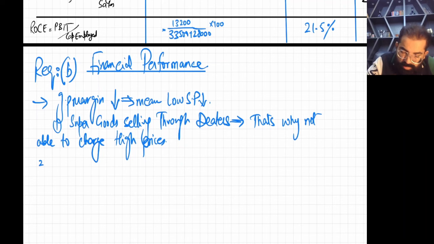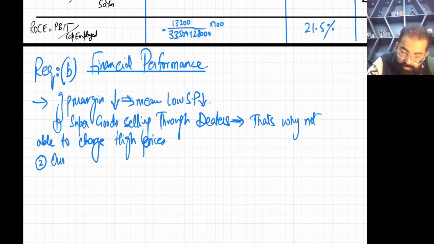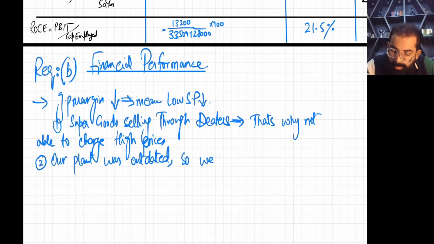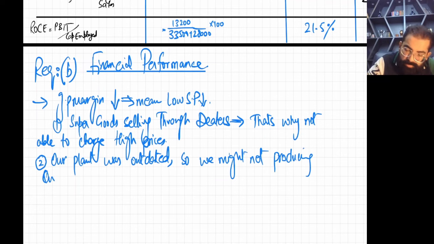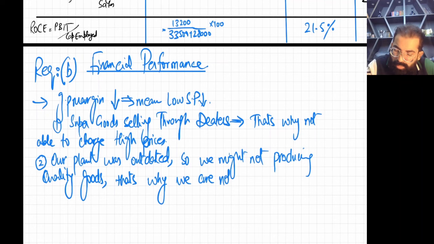One more reason is our plant was outdated. So we might not be producing quality goods.